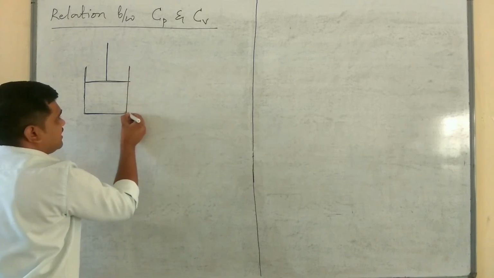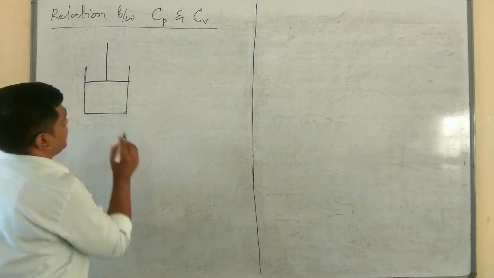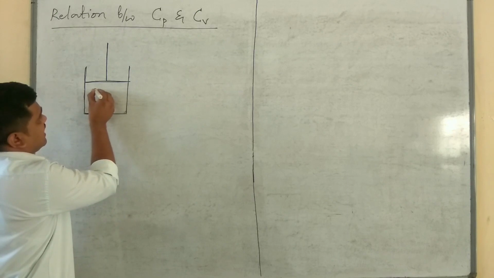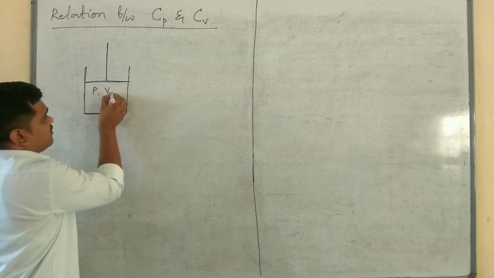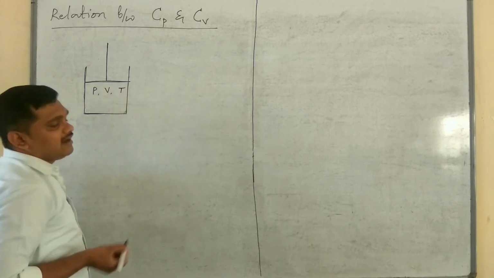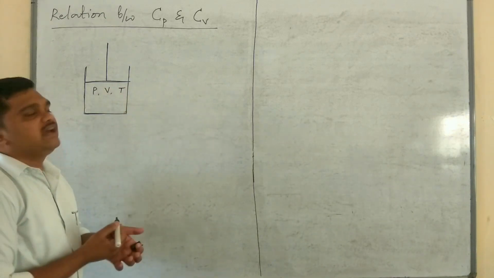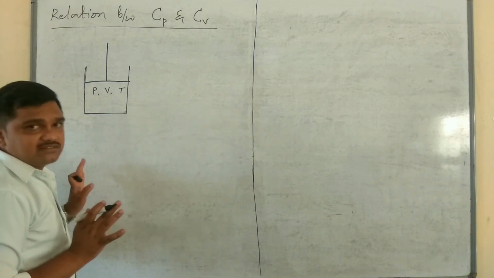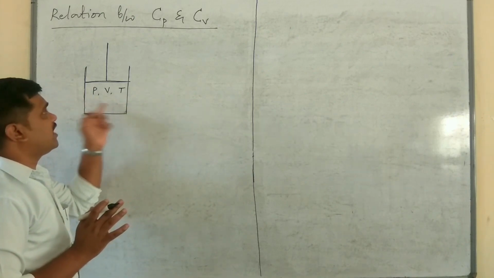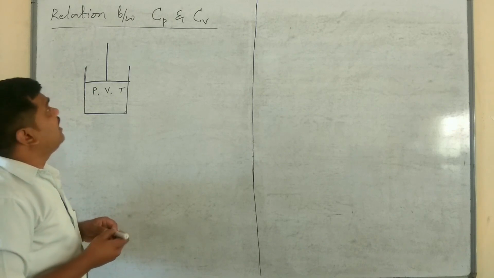Inside this cylinder, let us take 1 mole of an ideal gas at some pressure, volume and temperature. So these are the initial conditions of the thermodynamic variables: pressure, volume and temperature.